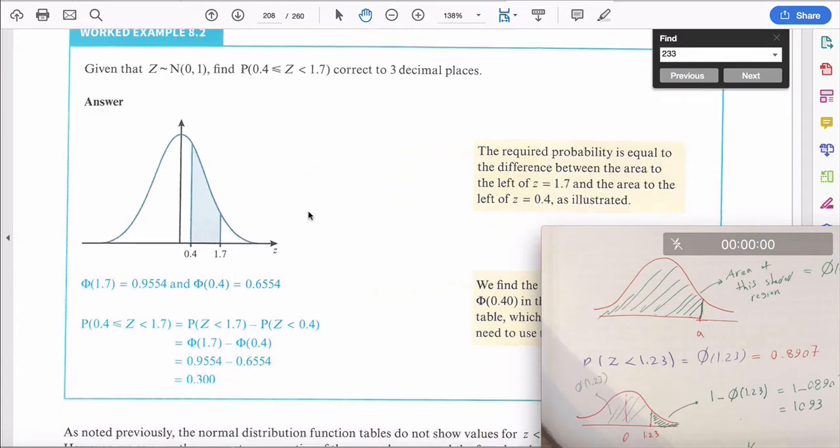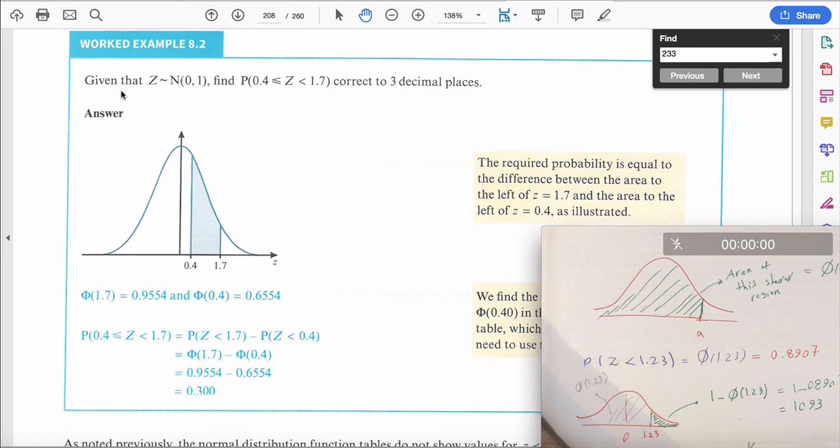Now let's go for the next example. Again, it says that given that z has normal distribution, now at this step you have just standard normal distributions because you don't know how to standardize it. So again, it has normal distribution, which is standard. Mu is 0, variance is 1. It says find the probability of z between 0.4 and 1.7.